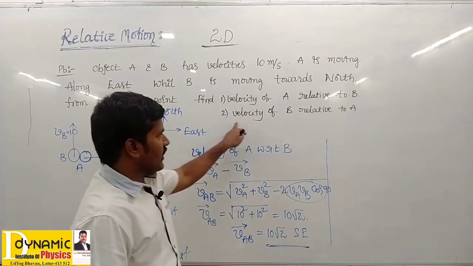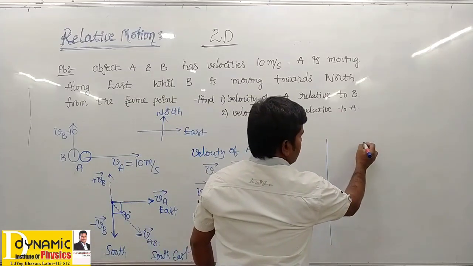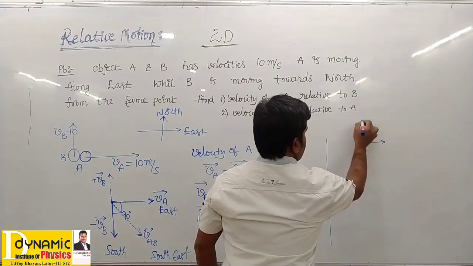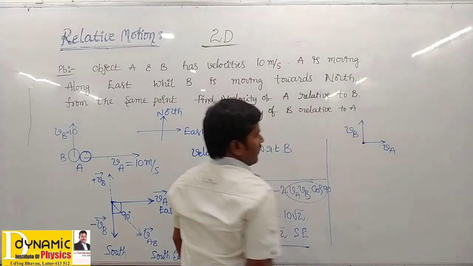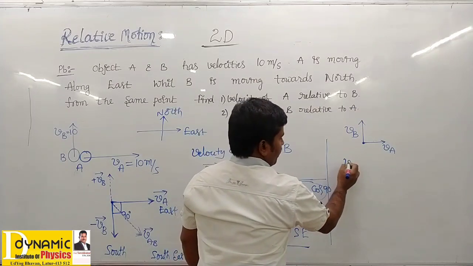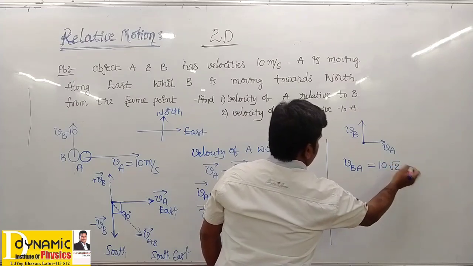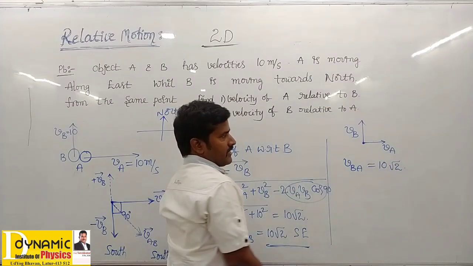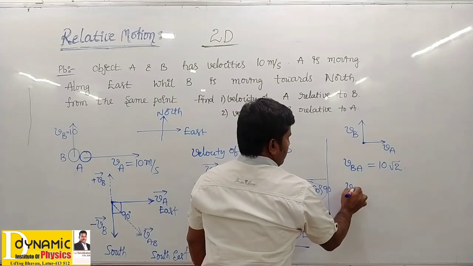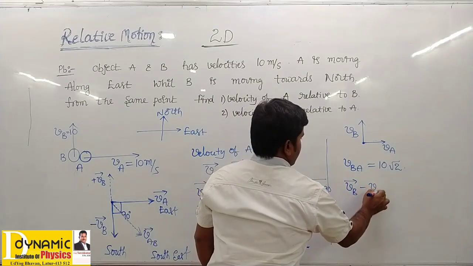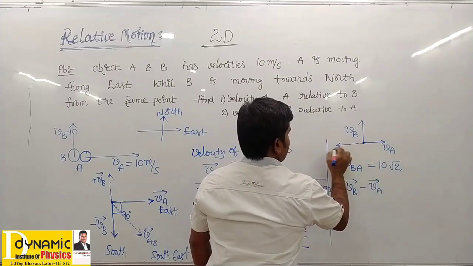So what about the velocity of B relative to A? This is VB, this is VA. The magnitude is the same, VBA is also 10 root 2. But direction is important. This is VB, this is VA, VB bar minus VA bar. So this is plus VB, this is minus VA.